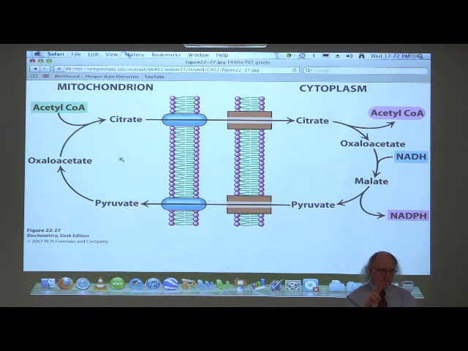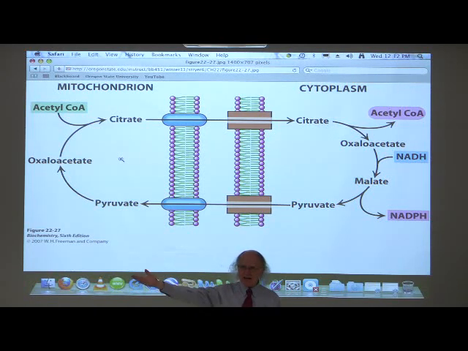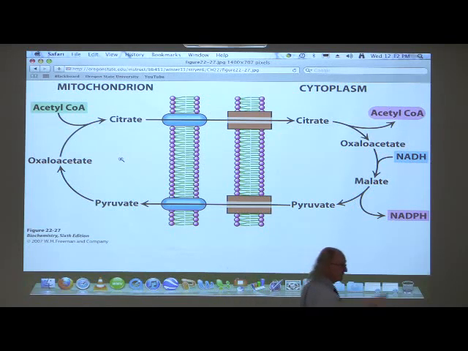So we've got two problems. One problem is that citrate is going to tell acetyl-CoA carboxylase, get active and start making fatty acids. Second thing that's going to happen is acetyl-CoA concentrations are going up, so the cell is going to have plenty of material to make fatty acids. So these work hand in hand to ensure that you make fatty acids when you are not burning up all of your ATP.